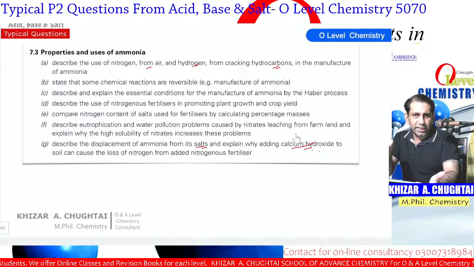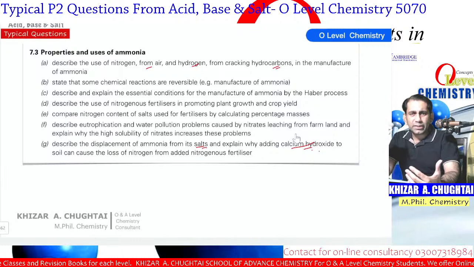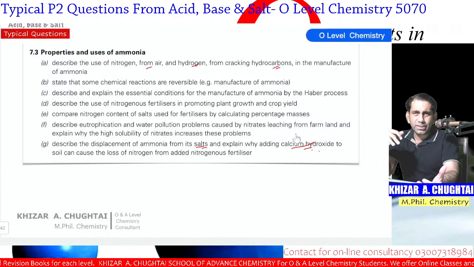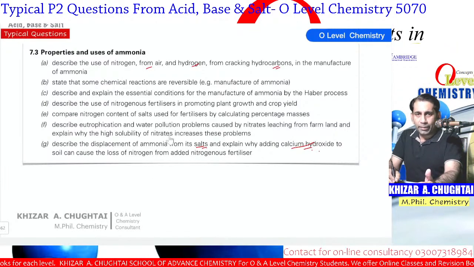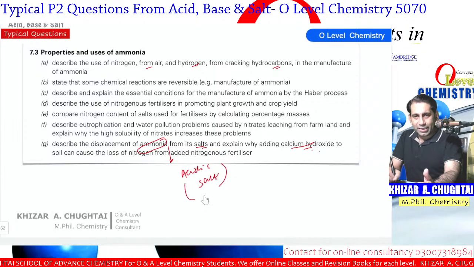There is a typical reaction, as I told you on my previous page, that calcium hydroxide or any sort of base reacts with an ammonium salt. Keep in mind, all ammonium salts behave as acidic salts.